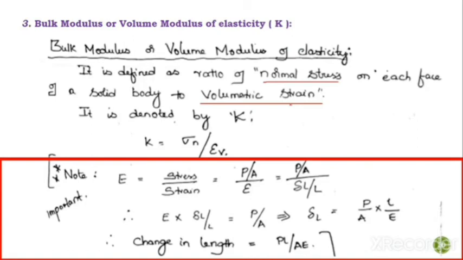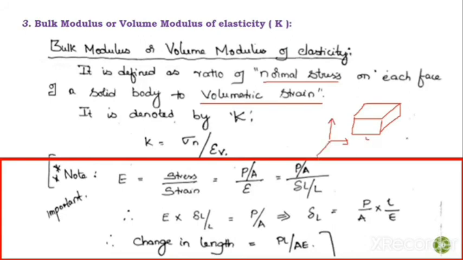To understand this, let me take this body. This is nothing but a cuboid, and this is the coordinate axis.